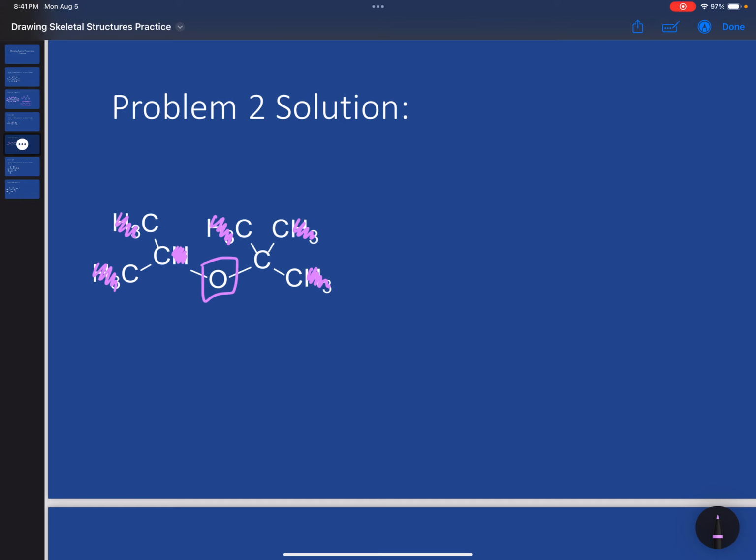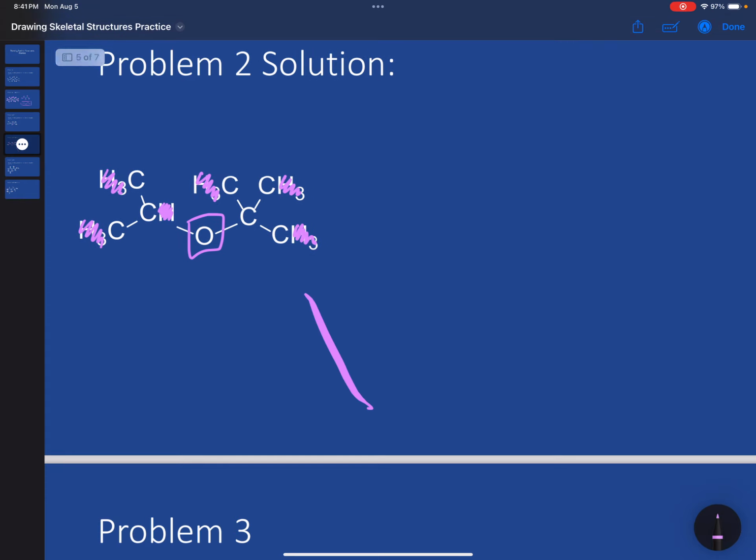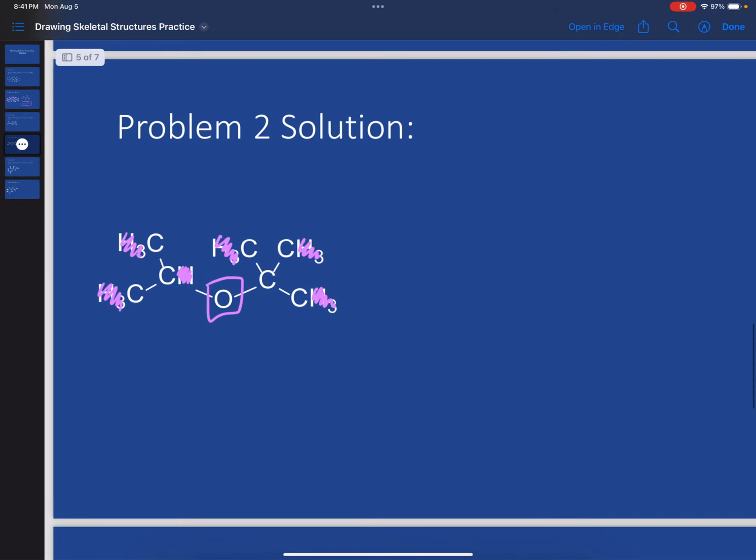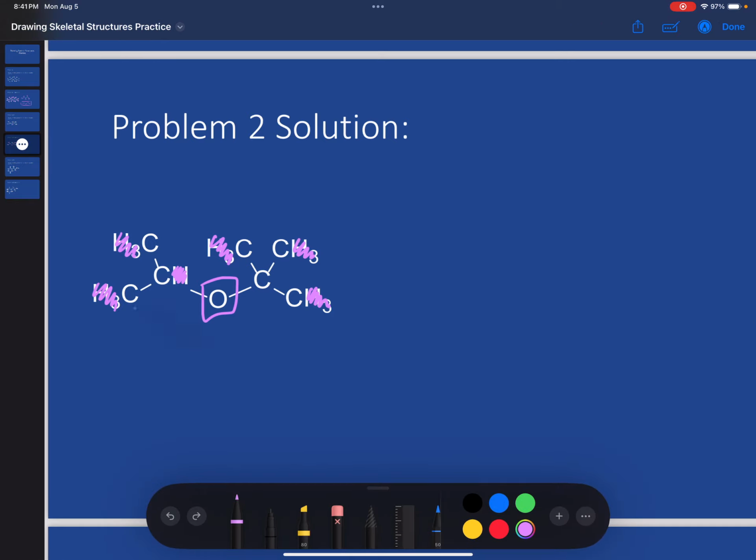Okay, so with that in mind, I'm going to number, because numbering just makes things a lot easier to see as you're going. So I have 1, 2 carbons, and then I have the oxygen, and then 3, 4. Now, I'm not ignoring the carbons that are up here. I just like to number in a straight line. If you want to number those, you are free to do so. I just don't. Whatever works for you.